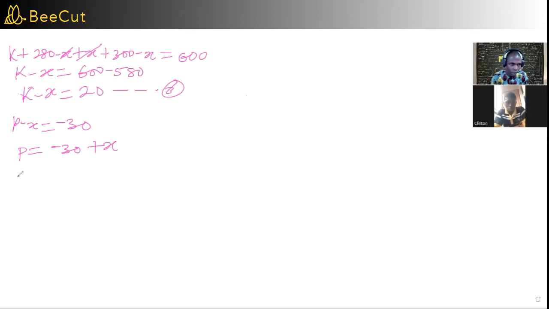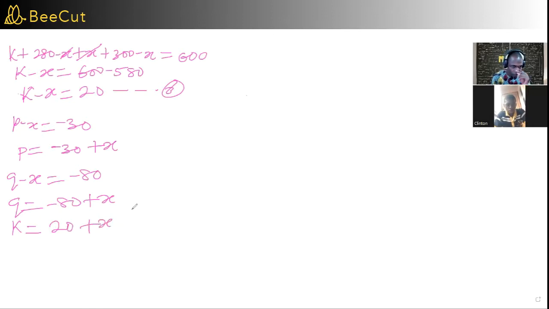Then the second equation is Q minus X equals to minus 80. So I can say Q now equal to negative 80 plus X. So I found my P, I found my Q. Now let me find my K. So here now K will be what? 20 plus X. Yes or no?